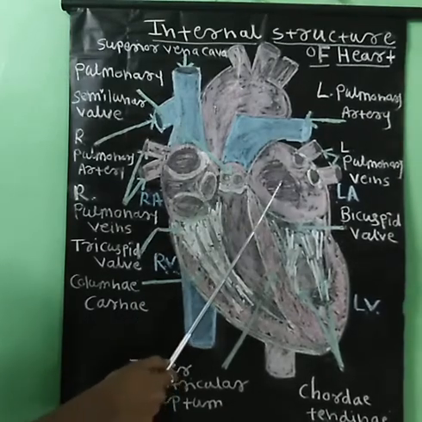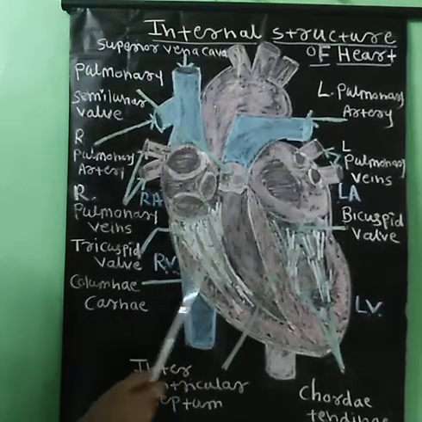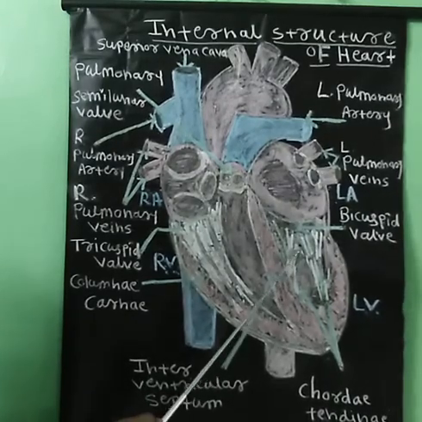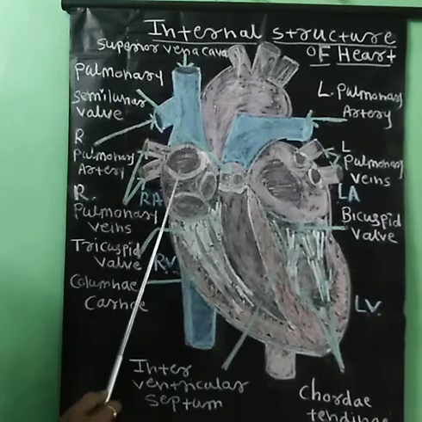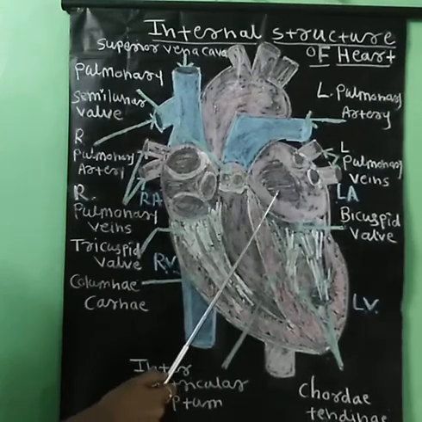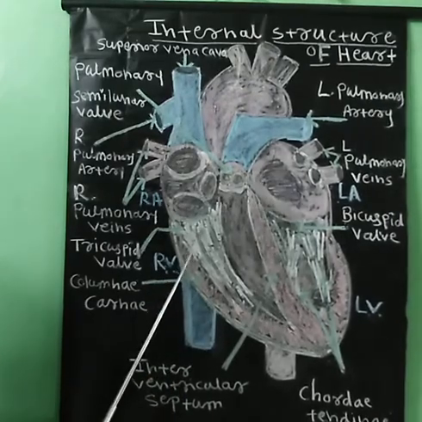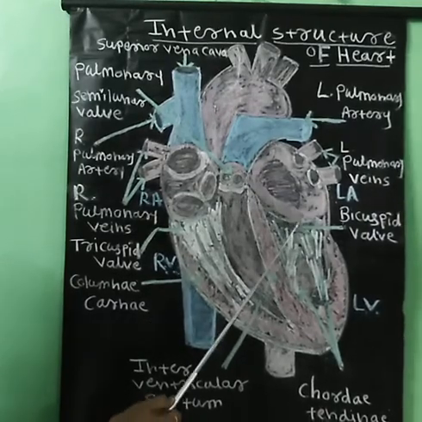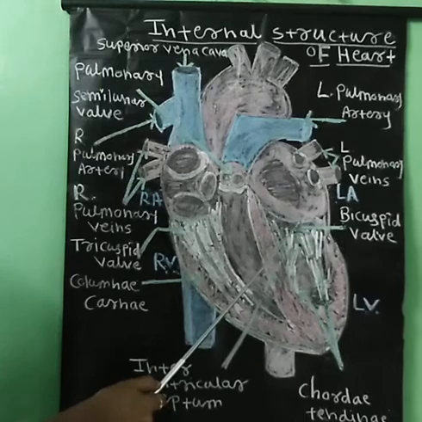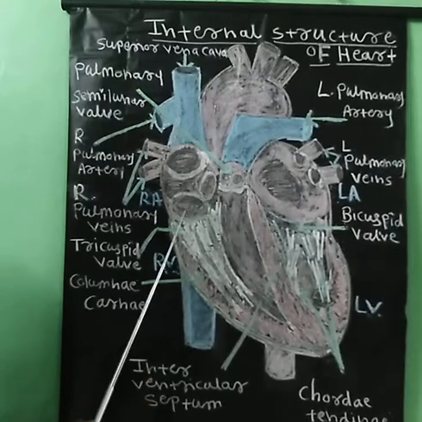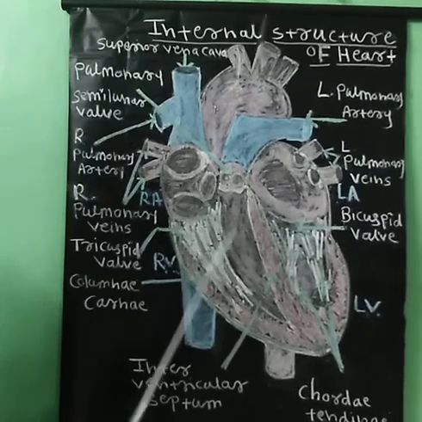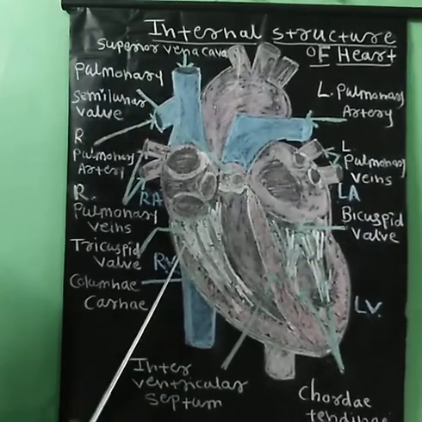Both atrium again open into 2 ventricles by their respective sides through apertures known as auriculoventricular apertures.